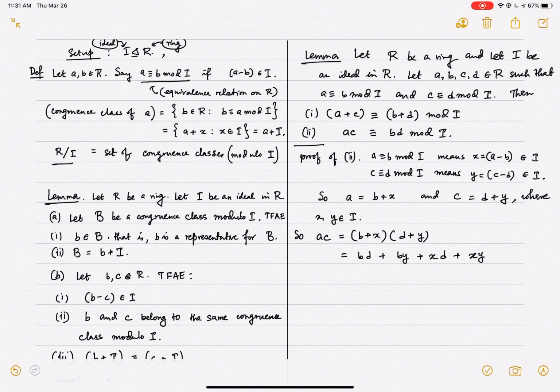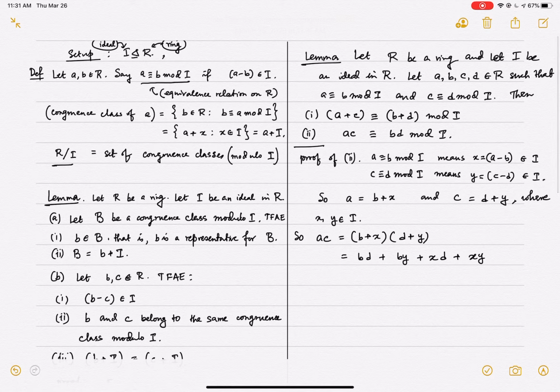And now you notice that by is in I. Why? Because y is in I. And here comes the key property of an ideal. If you take an element of the ideal and multiply by any element of the ring, the product is still in the ideal. So that's why by is in the ideal.